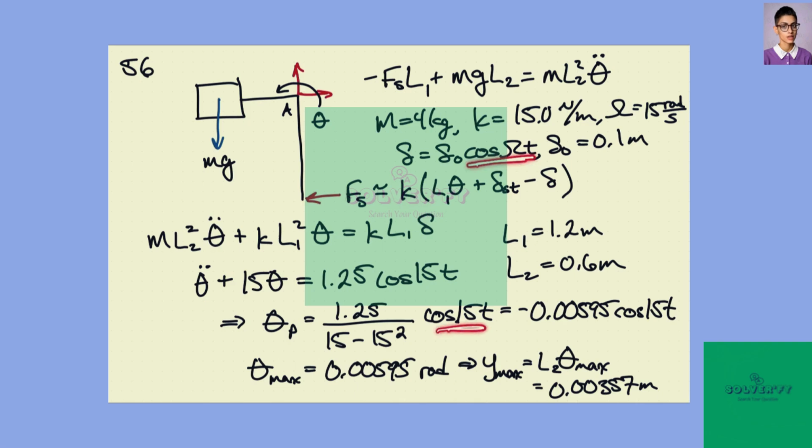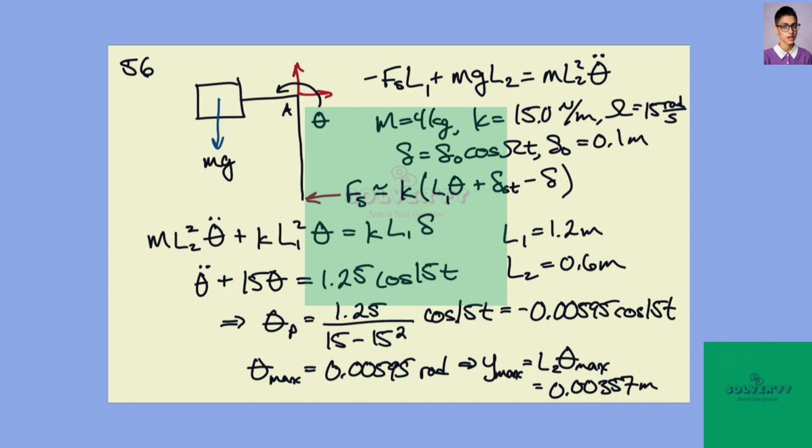Plugging in values, this becomes minus 5.95 millimeters, and this is negative because the excitation frequency is greater than the natural frequency.